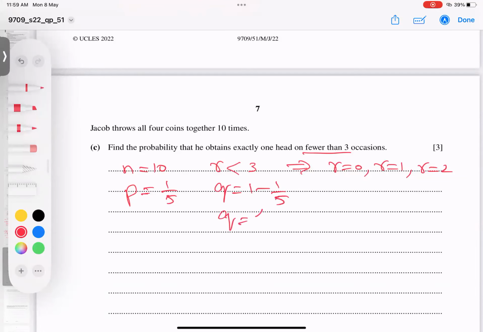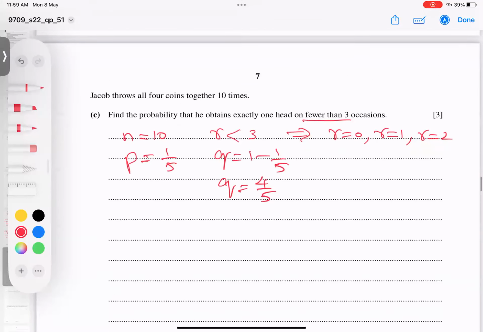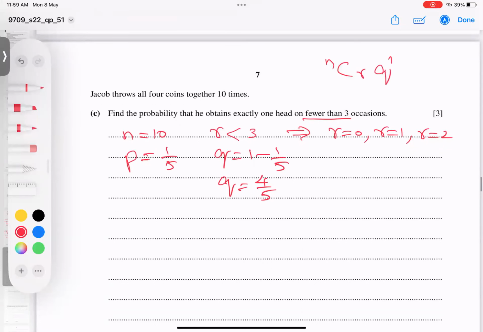So Q becomes 4/5. And now formula. Binomial formula, nCr, Q to power n minus r, P to power r. n is 10. So 10C0, 10C1, and 10C2.